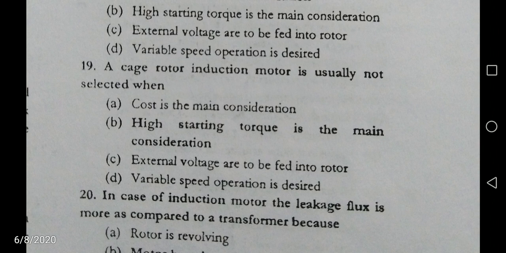As this is correct, and external voltage is to be fed into the rotor, this is also very correct, but the external voltage feeding is not possible in a squirrel cage rotor. And variable speed operation is desired. Variable speeds are possible in the squirrel cage rotor also. But the best one is option B.